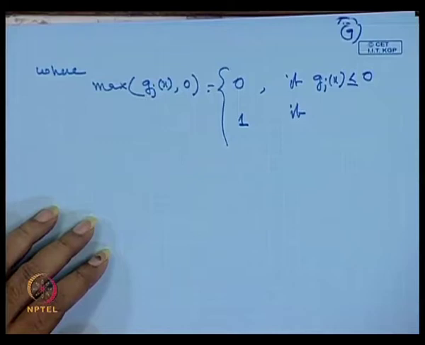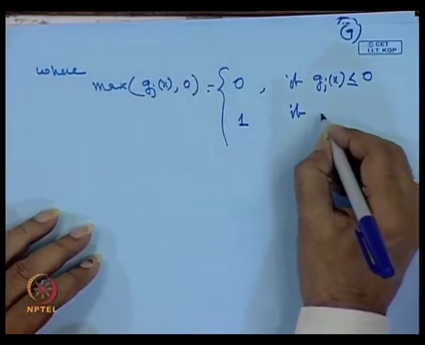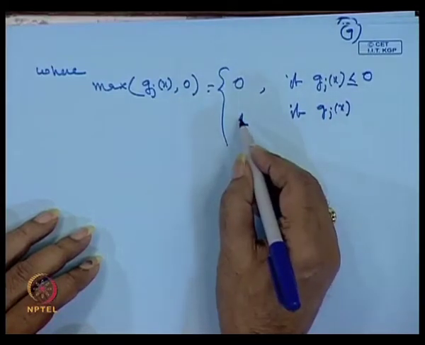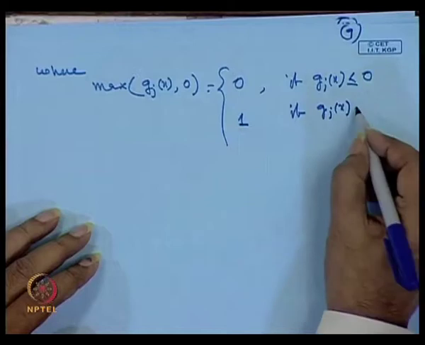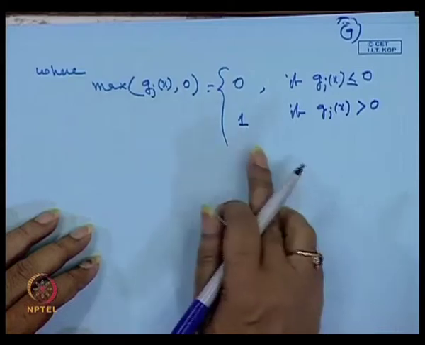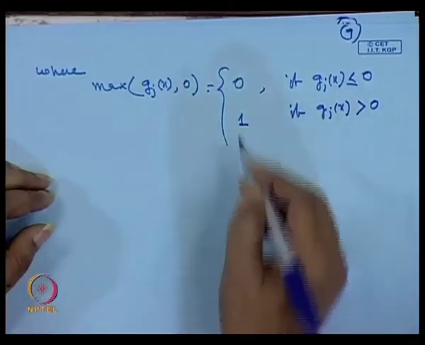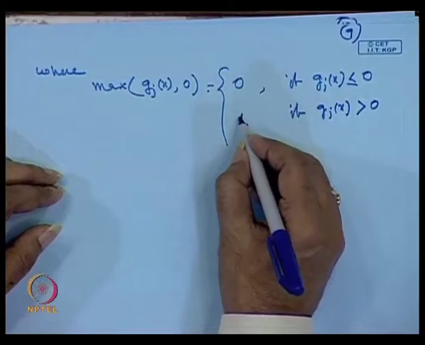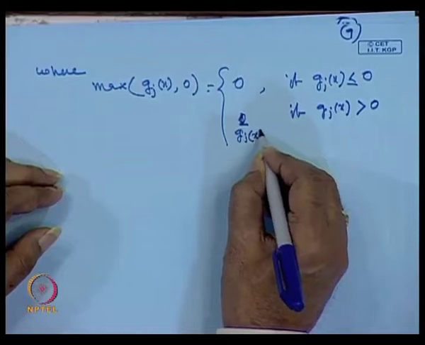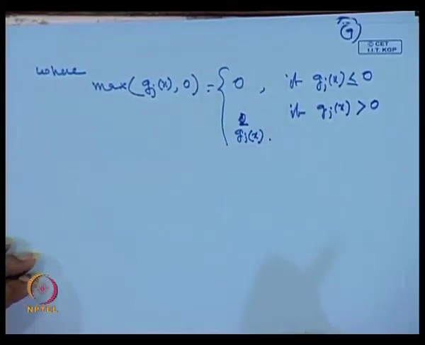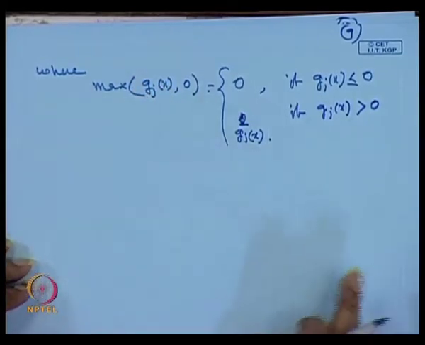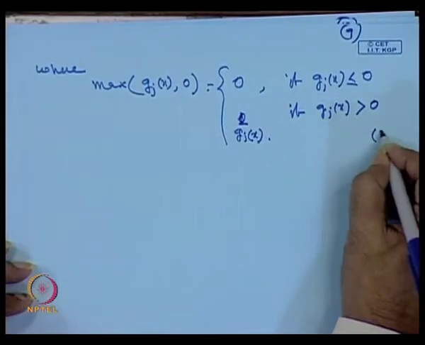When this value is greater than 0, it will be g_j(x), again the maximum of that one, because that value is greater than this. So, this is equation number 3.